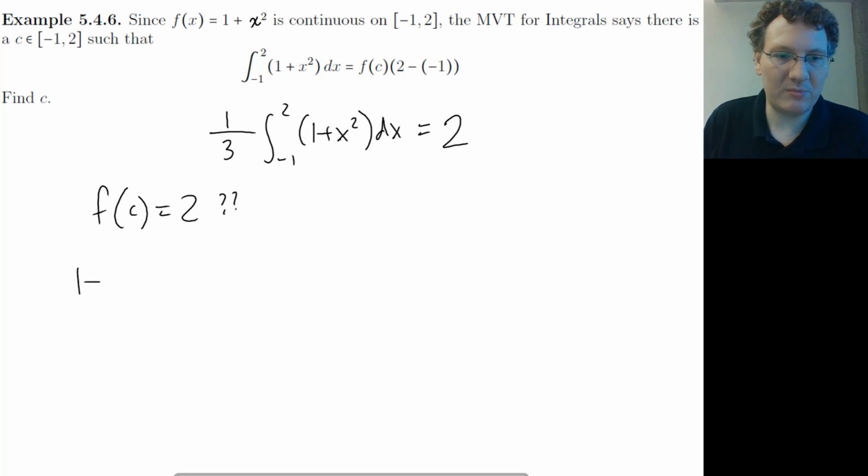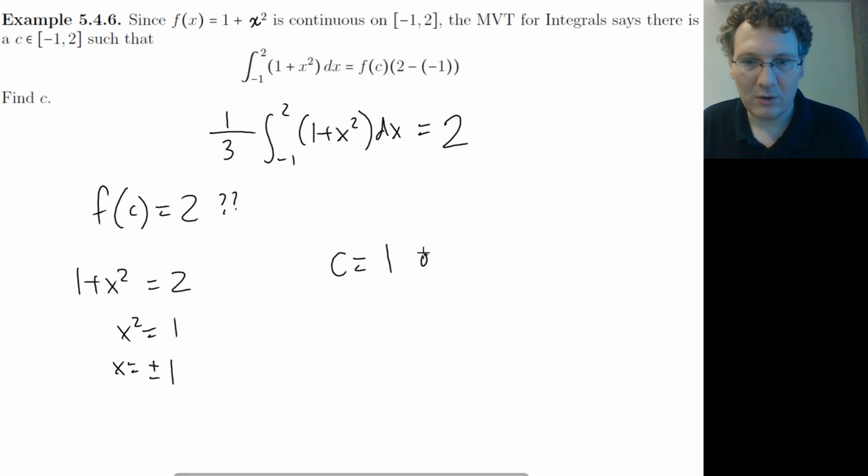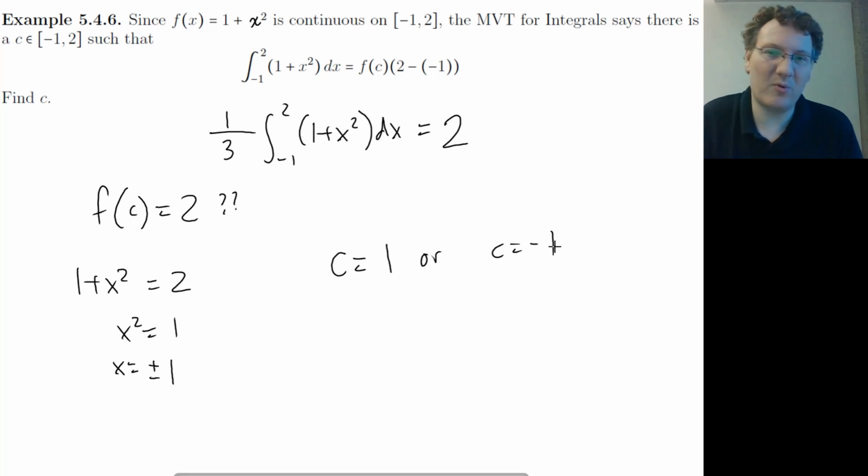Well, let's see. 1 plus x squared equals 2. That means x squared is equal to 1. So x could be plus or minus 1, and each of those is in the interval. So c could be 1, or c could be -1. It's a closed interval, so it contains both points.